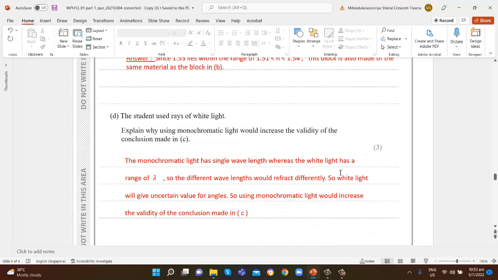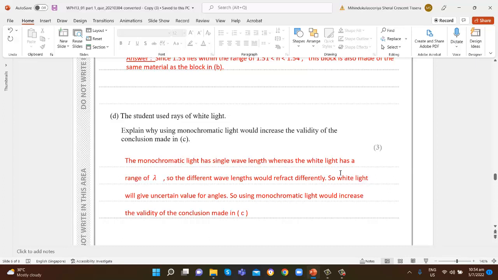The student used rays of white light. Explain why using monochromatic light would increase the validity of the conclusion made in C. What is monochromatic light? It is light containing one wavelength, whereas white light has a mixture of wavelengths. A mixture of wavelengths travelling through glass, different wavelengths refract at different angles.